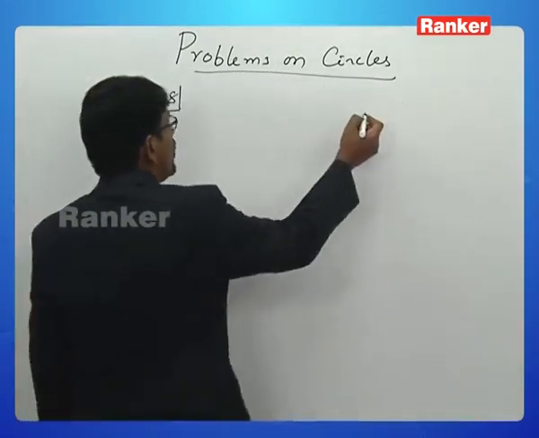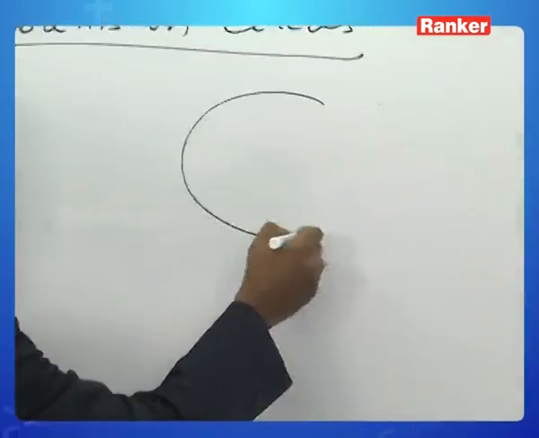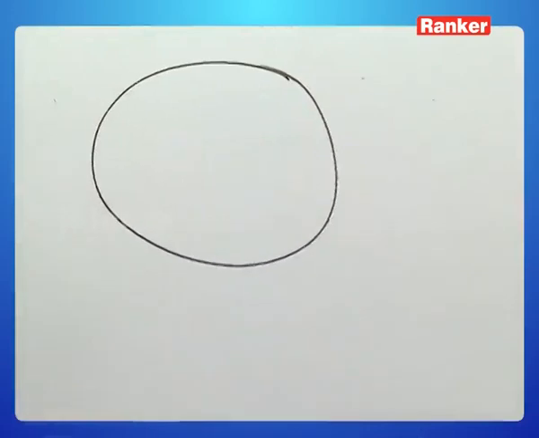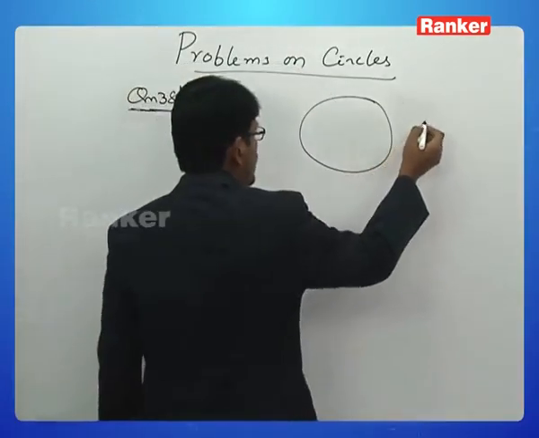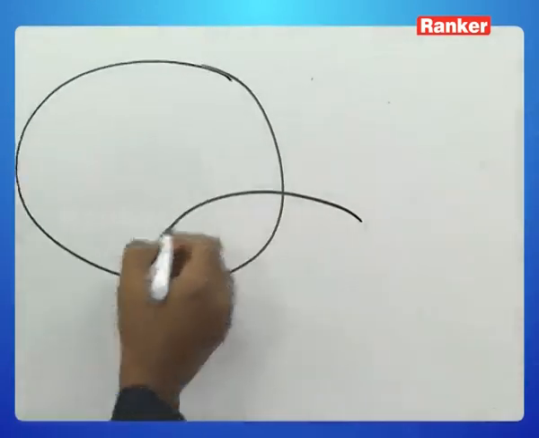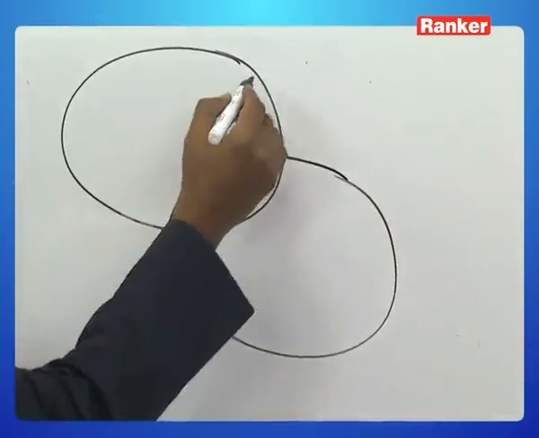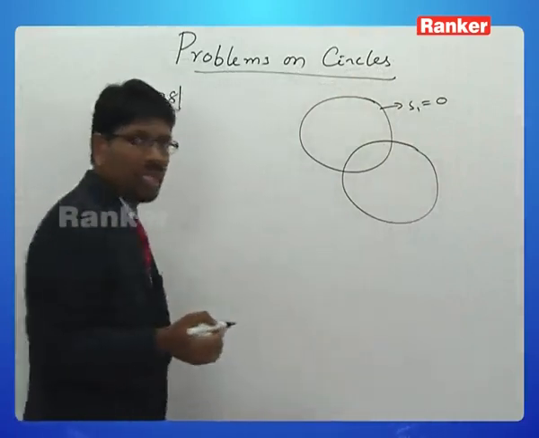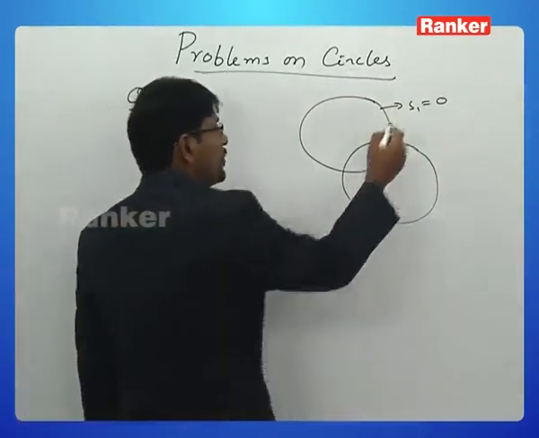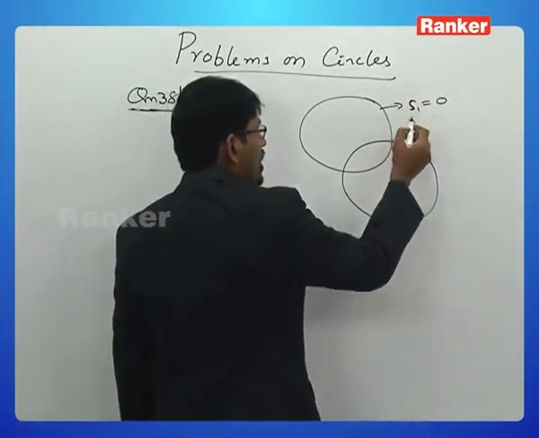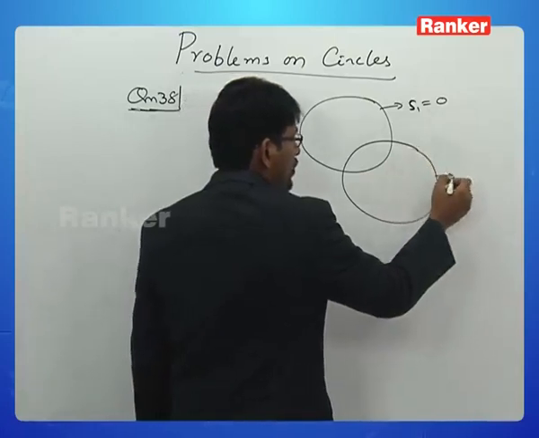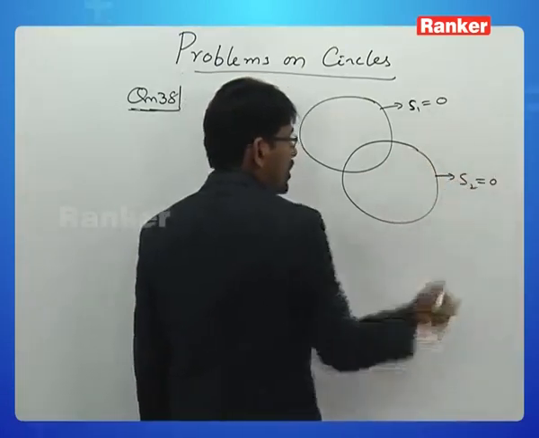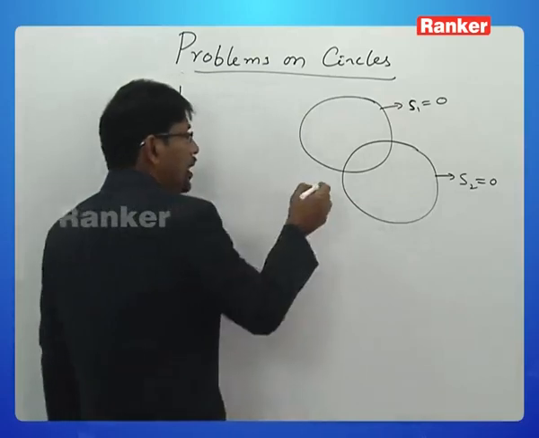Here we have a circle, another circle here. S1 equal to 0 is S for second degree equation. So S1 equal to 0 is one circle equation, S2 equal to 0 is the other circle equation.